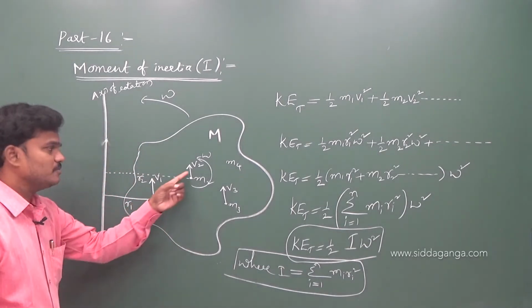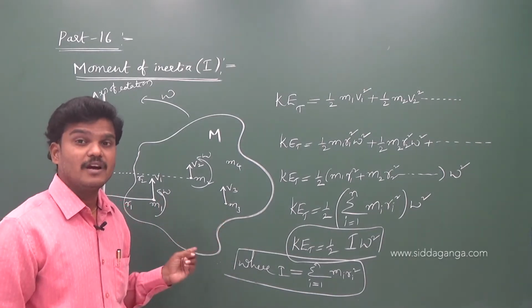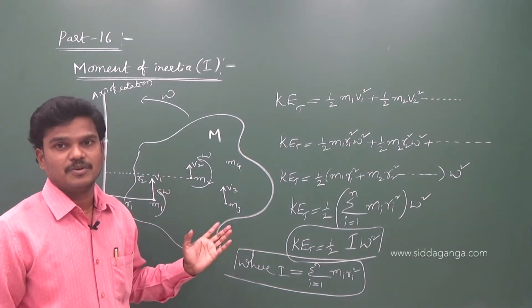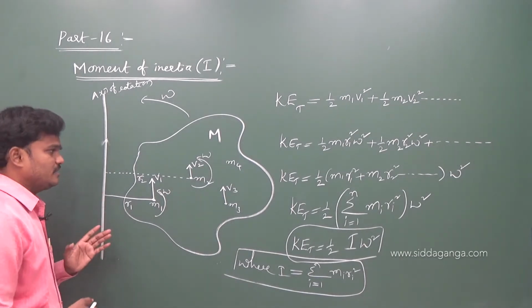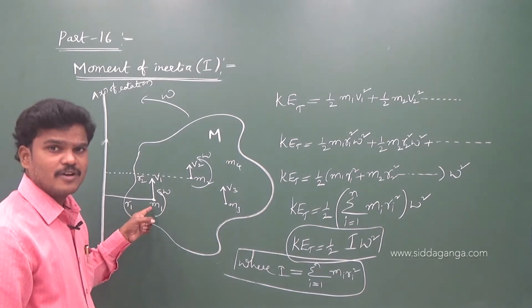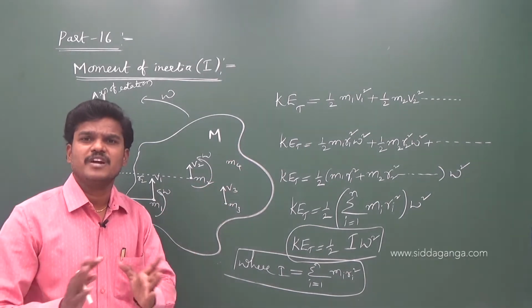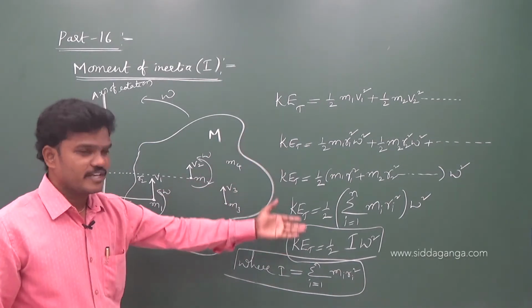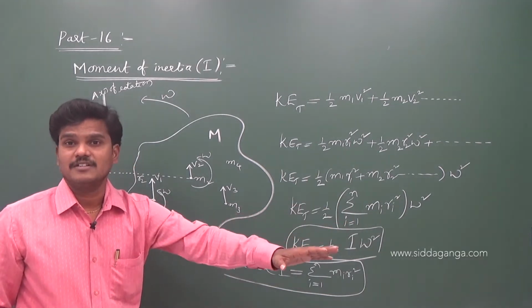So v1, v2, v3 are the linear speeds of the particles, and omega is the angular speed about the axis of rotation. All individual particles have some kinetic energy, and finally I got an equation like half I omega square.